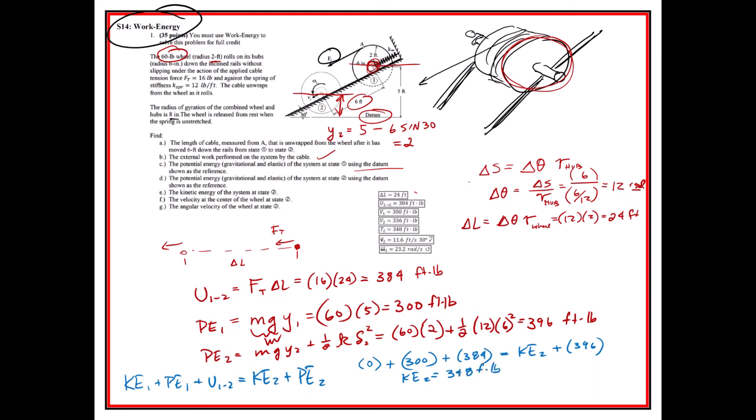And now if we want the velocity at the center of the wheel, we're going to have to get that kinetic energy. And again, I didn't leave myself enough room. Why would I have left myself enough room?